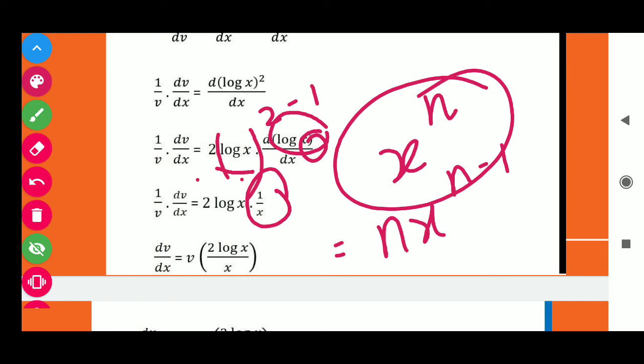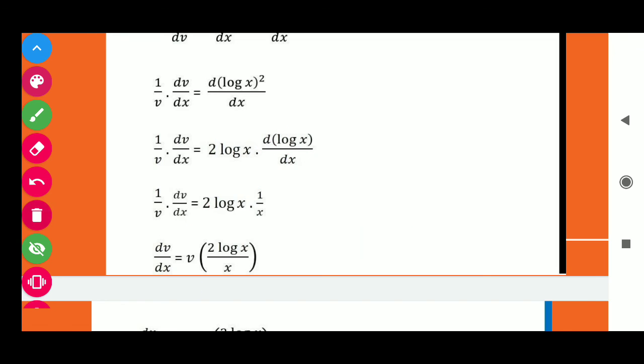So in this way we move v to the right hand side in multiplication and put the value of v from the statement.